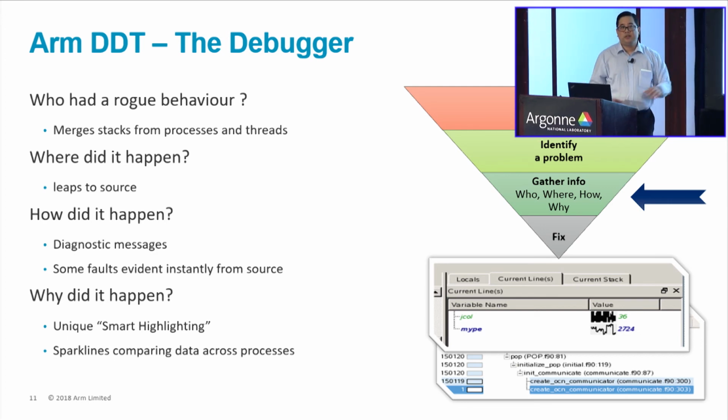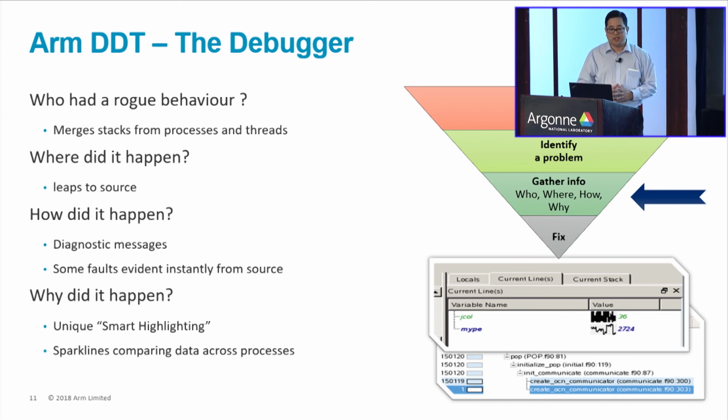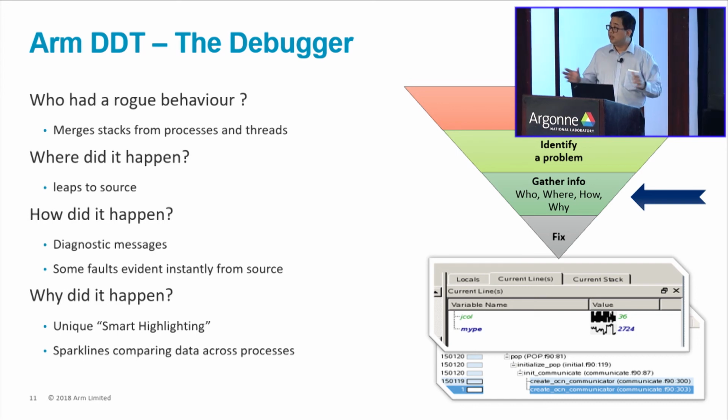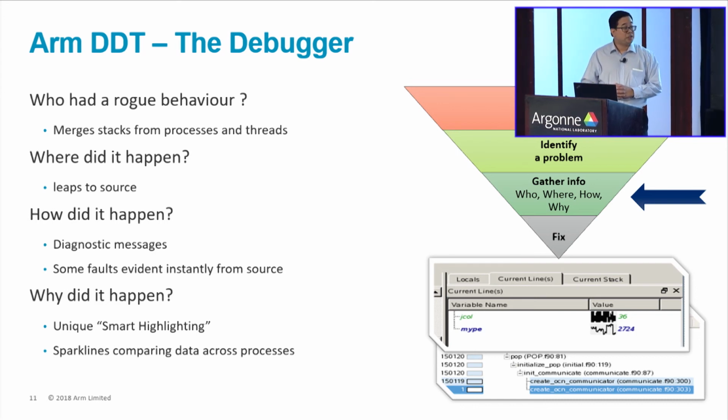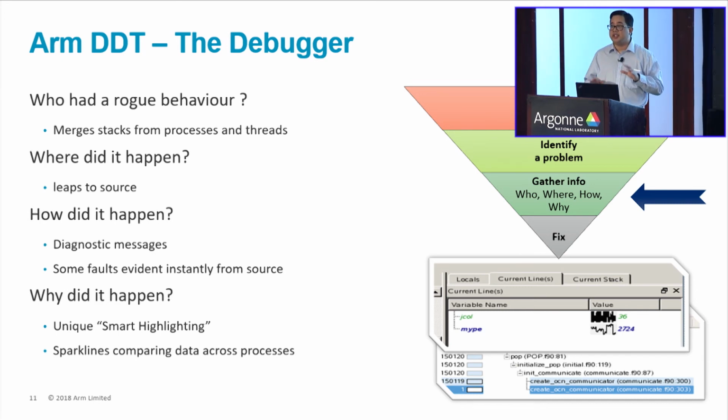This is helpful if you've got some type of deadlock. If you pause your application in DDT, it'll show you exactly where each of the specific ranks are and what line of code they're executing. So that's the usefulness of the stack backtrace.